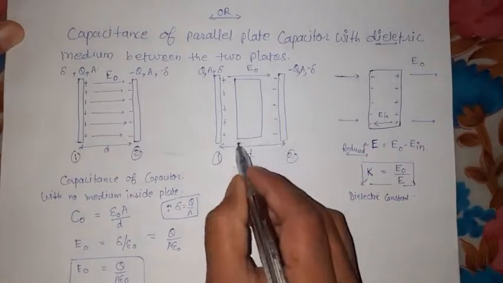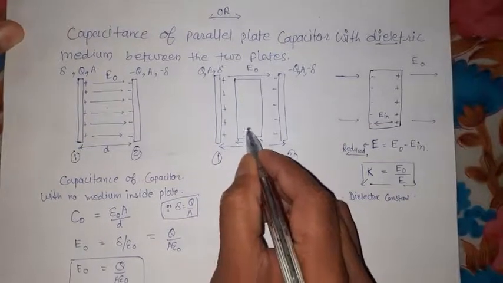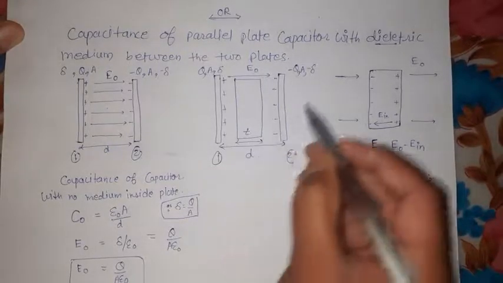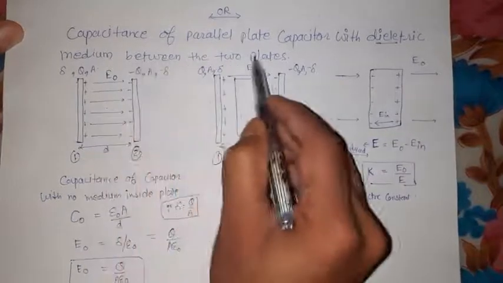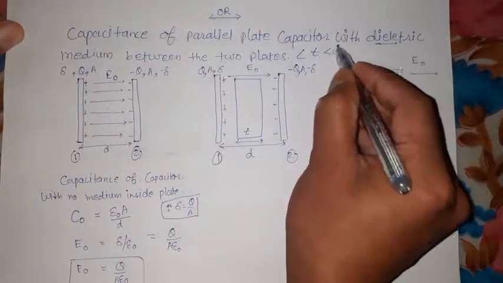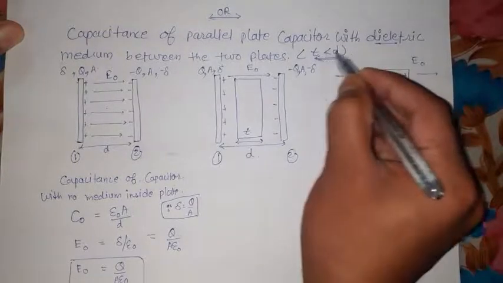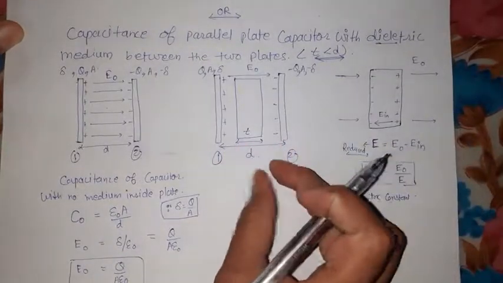Suppose the thickness of this dielectric substance is t. So for the capacitance of a parallel plate capacitor with a dielectric medium between the two plates, we take the case t less than d, where the thickness is smaller than the separation between the plates.